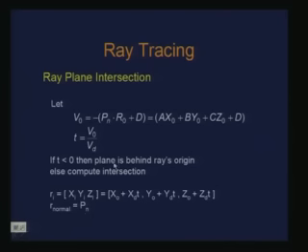Now, the problem is that we have figured out the intersection with respect to a plane defined in its implicit form, ax plus by plus cz plus d equals 0.